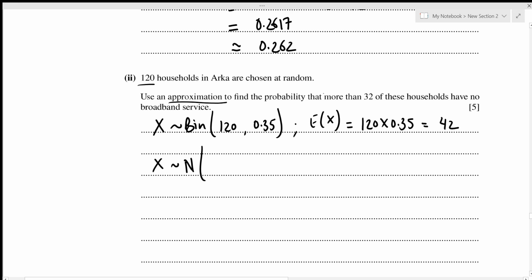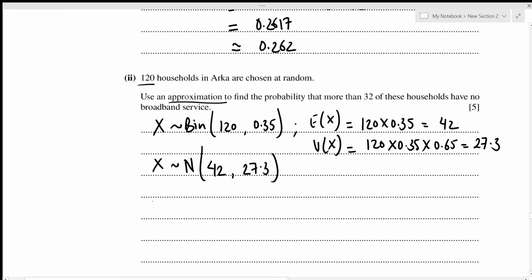For the variance, that's n into p into q. In this case, that's 120 into 0.35 into 0.65, which is going to be 27.3. So the parameters for the normal distribution are mu with the value of 42 and sigma squared with the value of 27.3.